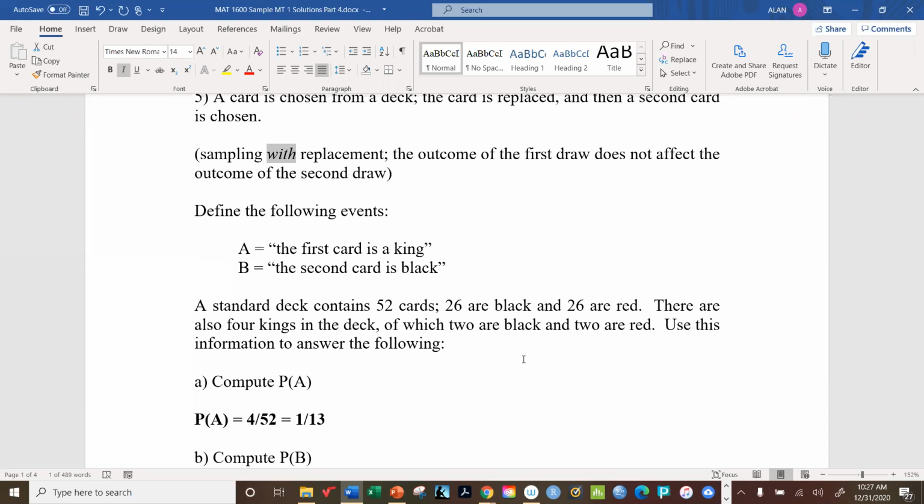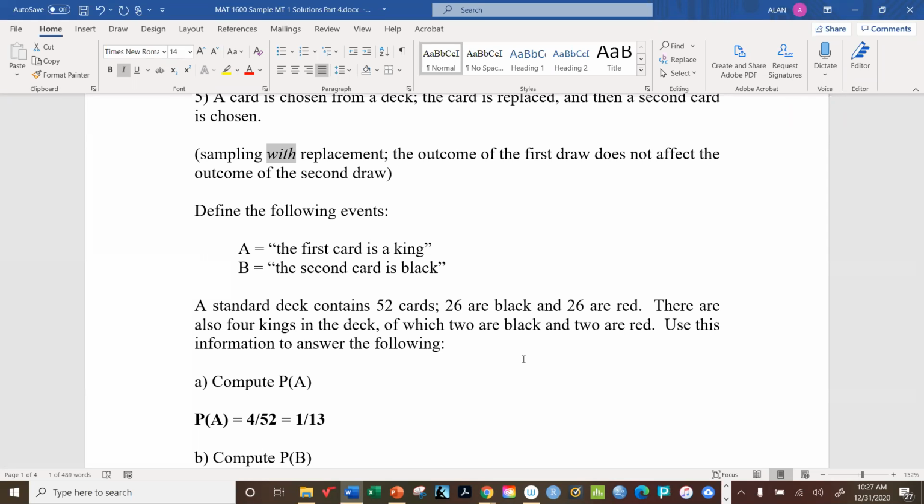For example, the probability of A, the event that the first card is a king. Now, in a case like this, it would be very impractical to try to write out the entire sample space for this problem because that would include 52 cards. So we're not going to do that, but we do know that there are 52 cards in the deck, each of which is equally likely to be chosen. So that's good enough.